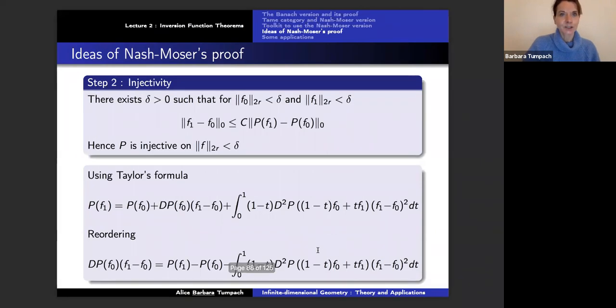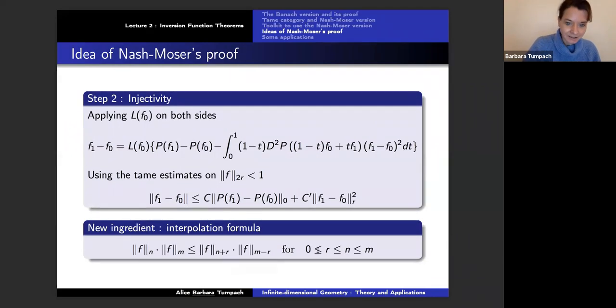Okay, that's not so difficult. Injectivity is also not difficult. More or less, we use the Taylor formula and the triangular inequality.